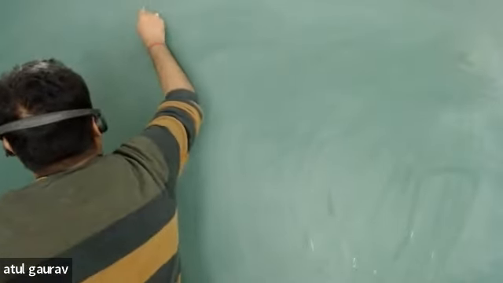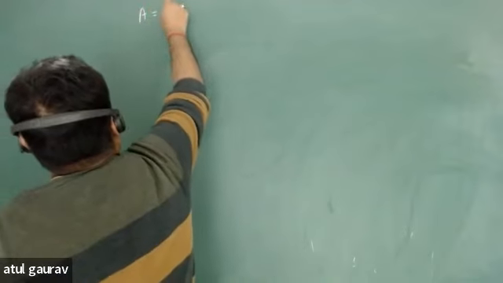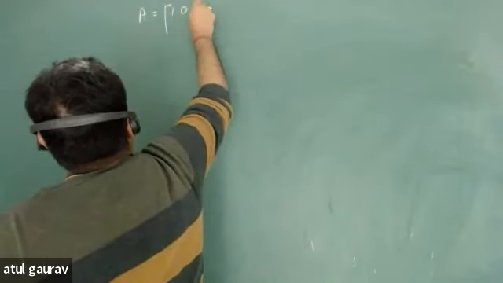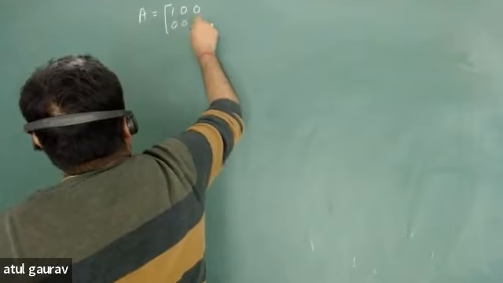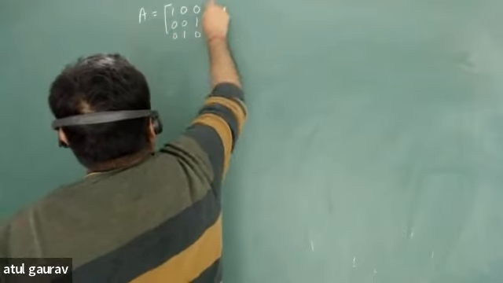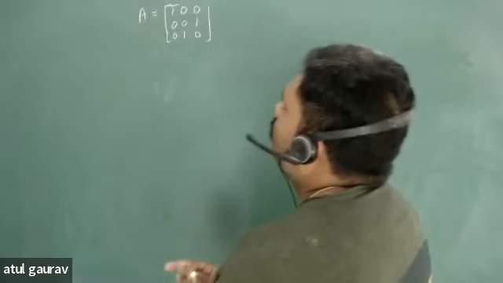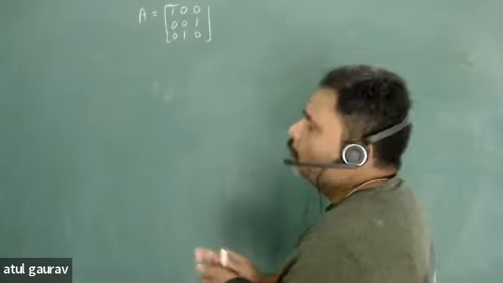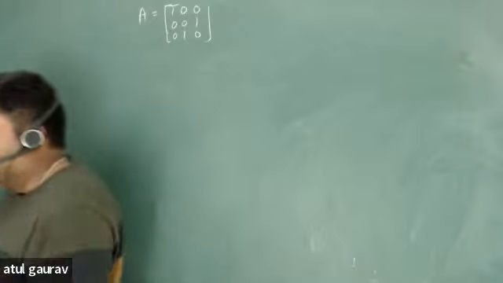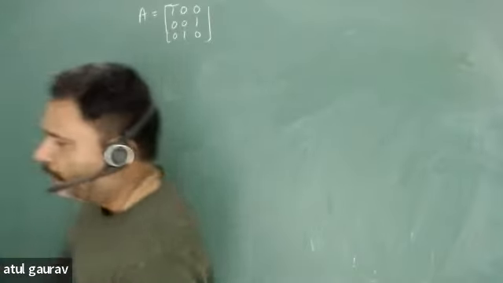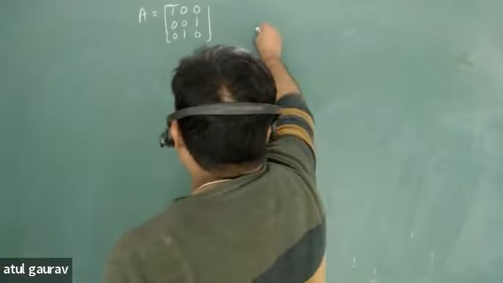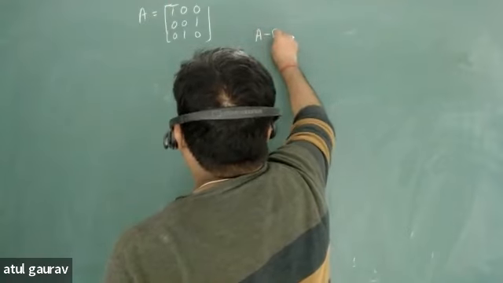So let's say my matrix is 1 0 0, 0 0 1, 0 1 0. So this is a 3 cross 3 matrix. How many eigenvalues do you have to calculate? 3. So let's calculate the characteristic equation.